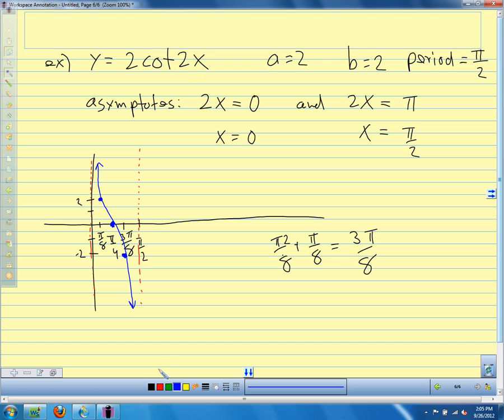And if we needed to graph another period, we would go over by another pi over 2 units. So I'd be over here at pi. My asymptote would be there. My function would be halfway between pi over 2 and pi, which would be 3 pi over 4.